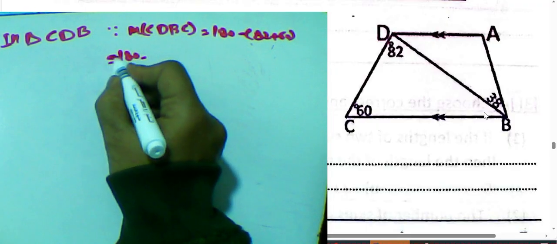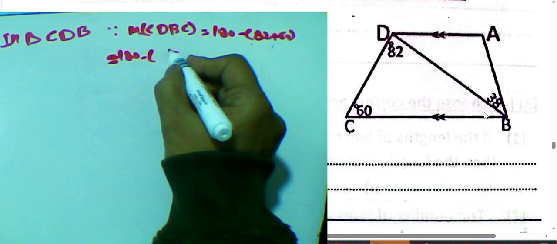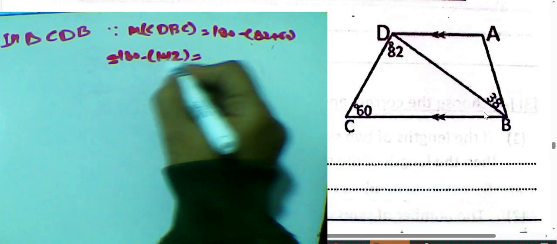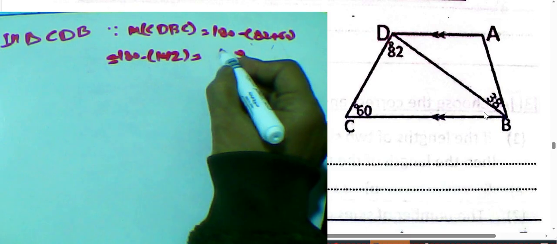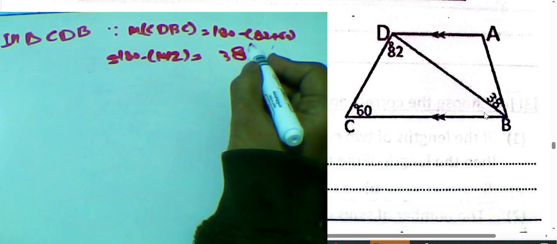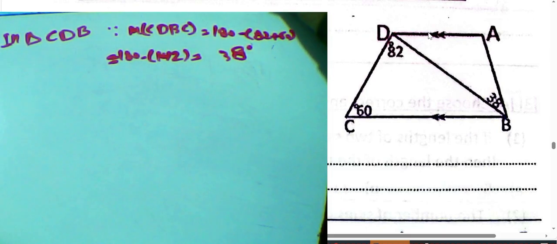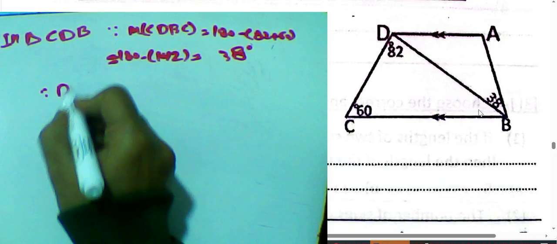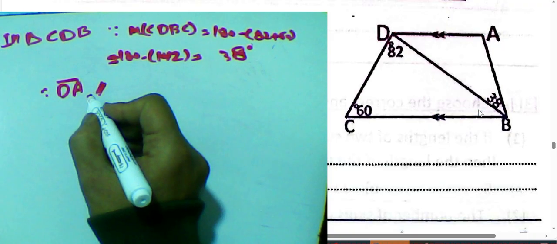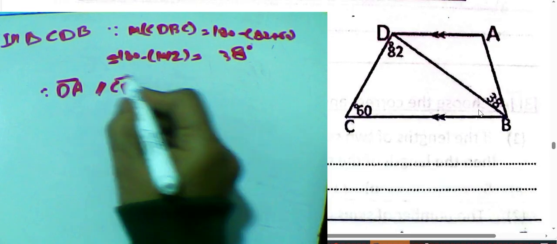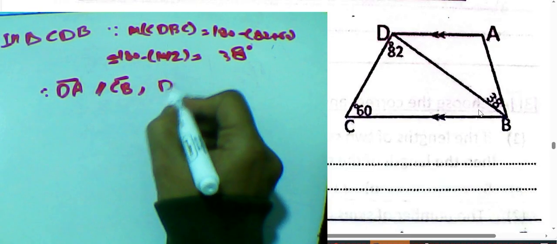We can write 180 subtract (82 plus 60). 0 plus 2 equals 2, 8 plus 6 equals 14. 10 minus 2 equals 8 and 7 minus 4 equals 3. The result will be 38 degrees, the measure of the angle here. Now we have AB parallel to CD and DB is a transversal of them.